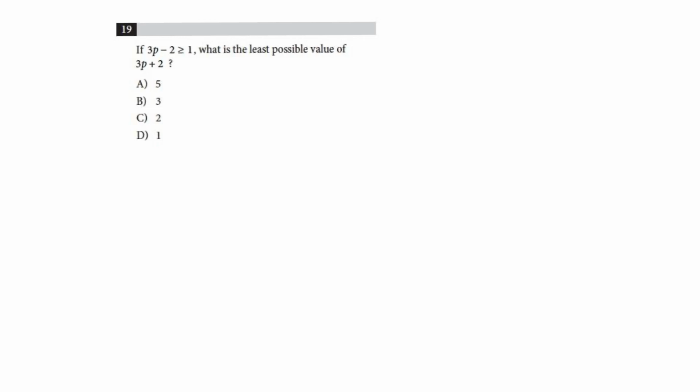19. If 3p minus 2 is greater than or equal to 1, what is the least possible value of 3p plus 2? Okay, so we have 3p minus 2 is greater than or equal to 1, and we want to think, well, what about 3p plus 2?